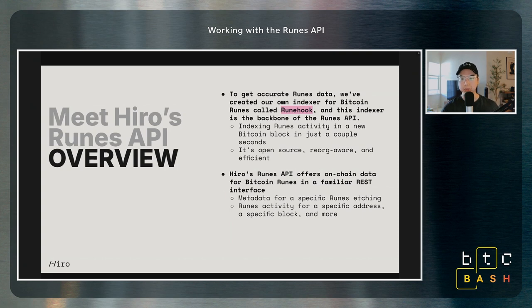So it's very flexible. You can receive and fetch a lot of different data points on the runes activity on chain. And with that, you can use that within your own web application too. So in a minute, I'll show you the web application that I built that I'll be showcasing. And then afterwards, I'll give some sample suggestions of different types of apps that you can build as well.